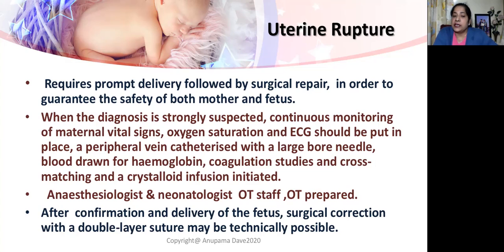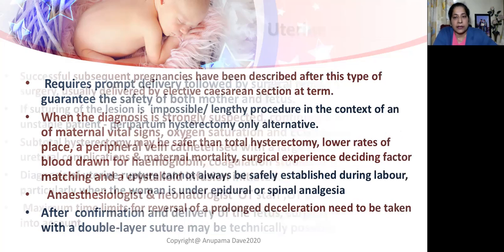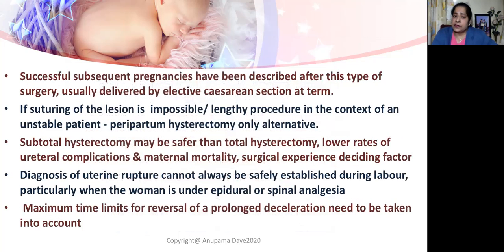After confirmation and delivery of the fetus, a surgical correction with a double layer suture may be technically possible, and successful subsequent pregnancies and deliveries through an elective cesarean section have been done. If suturing of a lesion is impossible, or if it is a lengthy procedure and the patient is unstable, then peripartum hysterectomy is the only alternative.